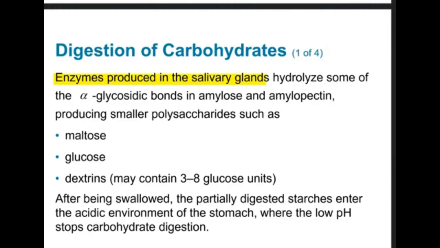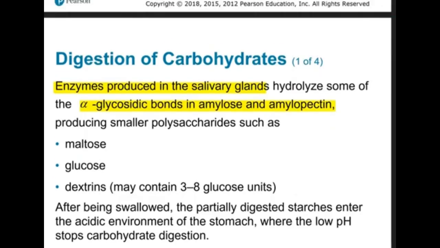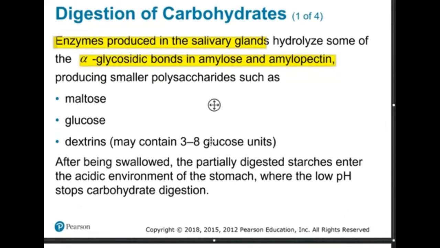This salivary amylase breaks down the glycosidic bonds in starch, specifically amylose and amylopectin, and that results in smaller oligosaccharides such as maltose, polysaccharides dextrins, can be more than 2 glucose units, or even monosaccharide glucose.